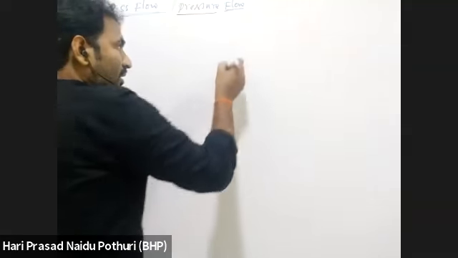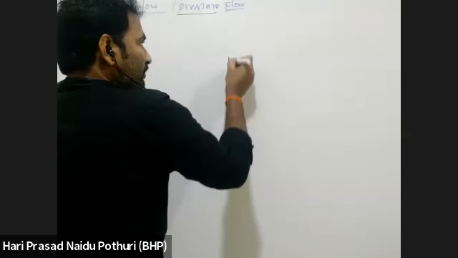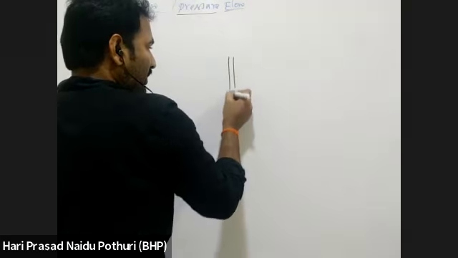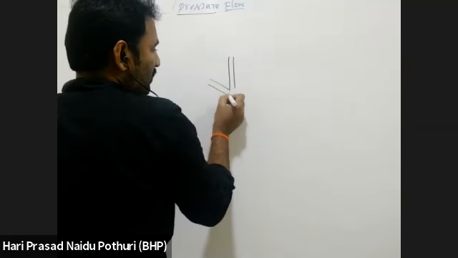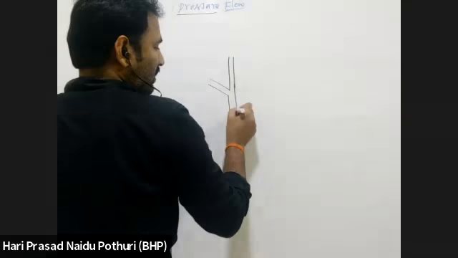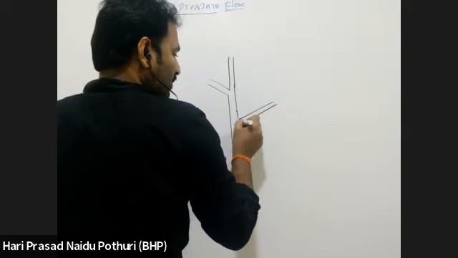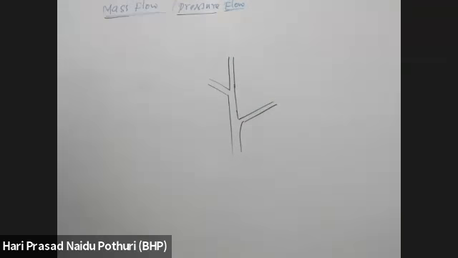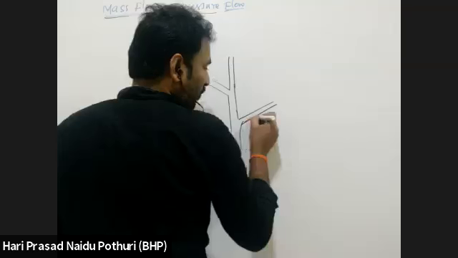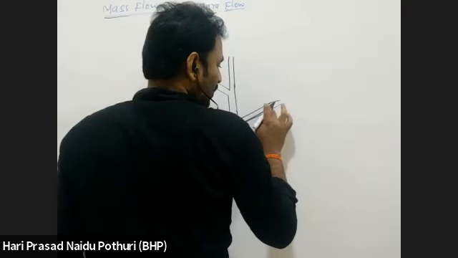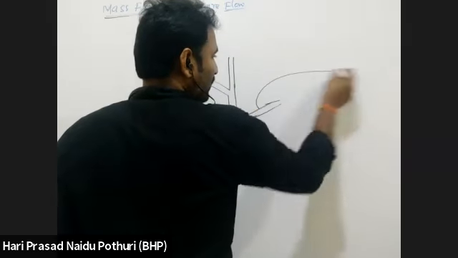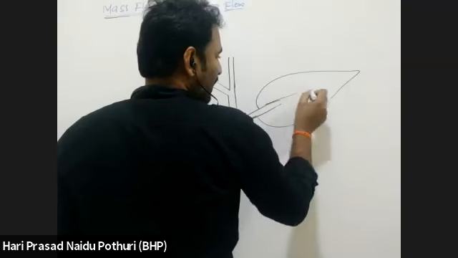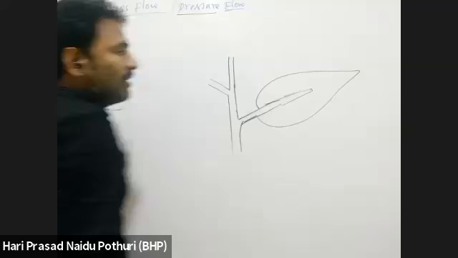Just take a stem. First I will explain what is happening, then I will give notes. Suppose we see multi-directional movement of substances in a plant. Suppose this is a phloem column connected with some leaf. This diagram is clearly given in your NCERT.